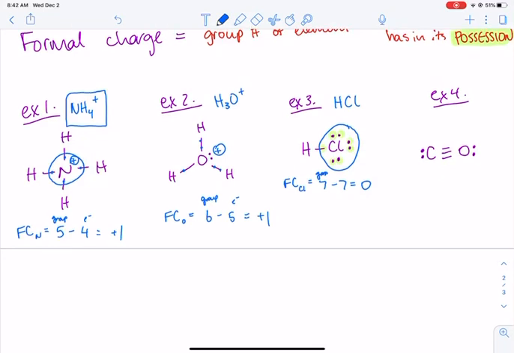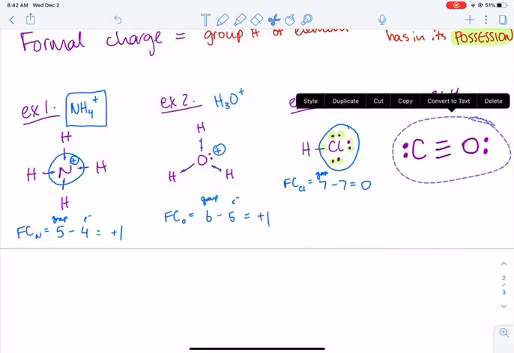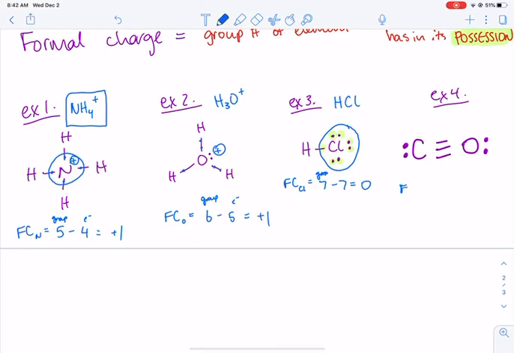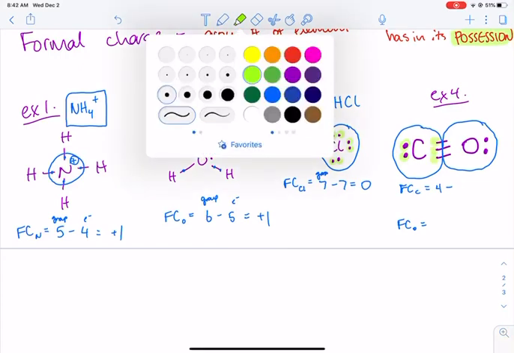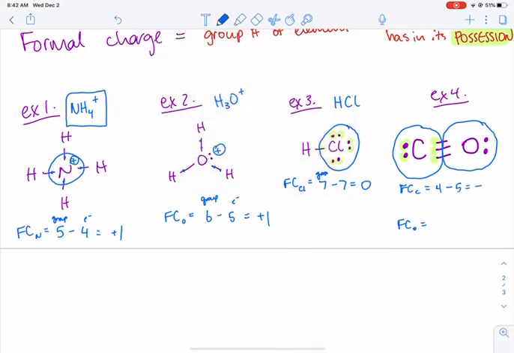Let's do carbon monoxide next as our last example. I'm going to make this a little bigger. So let's do the formal charge of carbon and the formal charge of oxygen. If I draw a circle around the carbon and a circle around the oxygen, carbon is in the 4th group, and it has how many electrons in its possession? 1, 2, 3, 4, 5. So 4 minus 5 is -1. So we have a -1 here. I'm going to erase this circle.